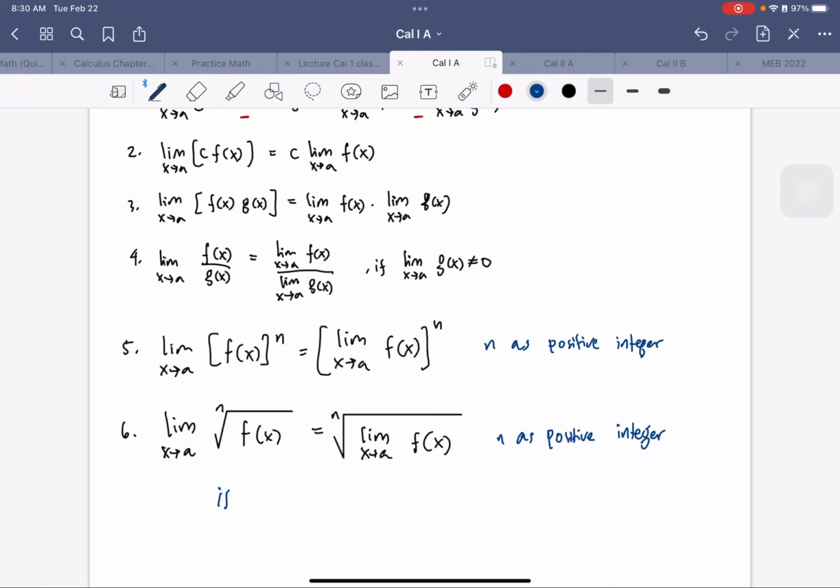If n is even, we assume that the limit is greater than 0.